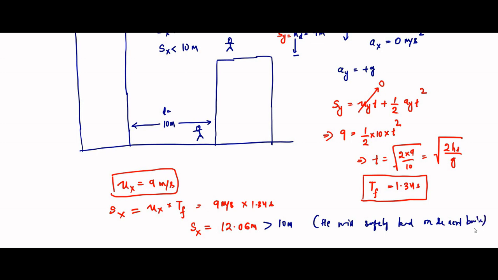So he is able to make the jump, but it's a foolish thing to do, to jump from one building to another.